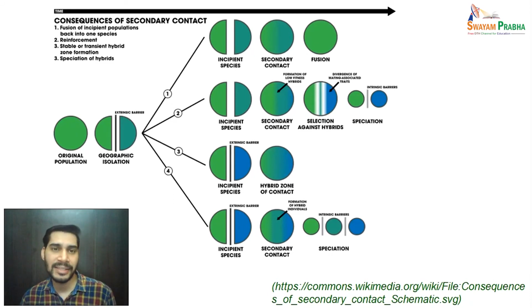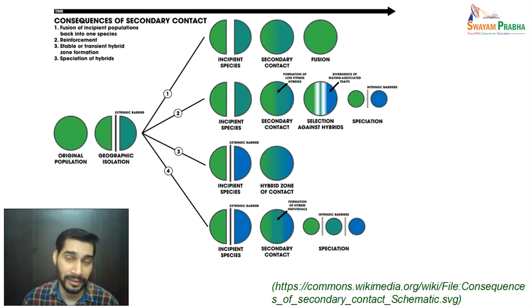Now let us take a few seconds to understand what the consequences can be if there is a secondary contact. That means if a barrier has been removed and the populations are under secondary contact, how can they respond?